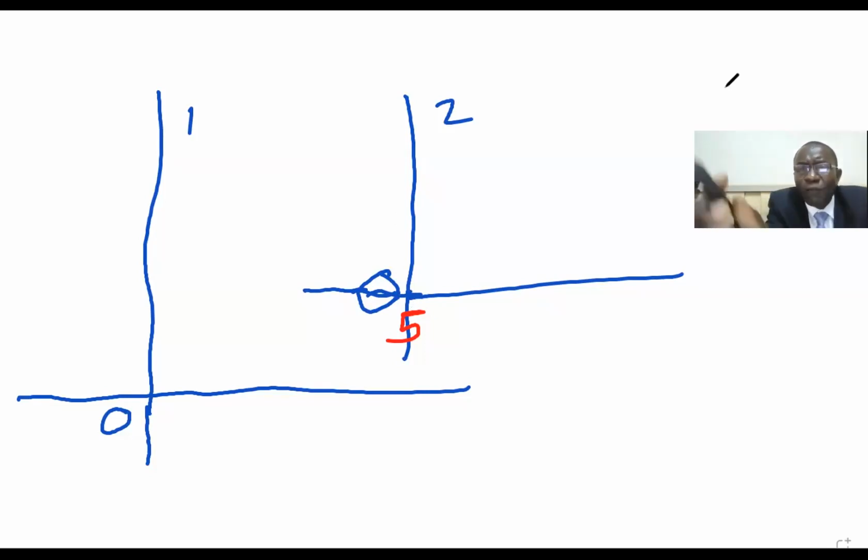And remember, for you to use these disjointed lines, it should be that there is no 0 here. Broken lines, broken axis means that there is no 0 here. We are starting not from 0.